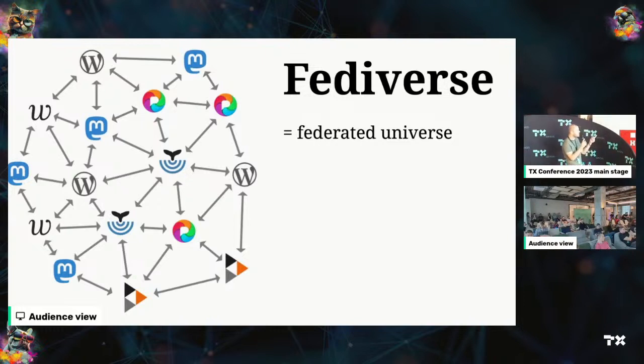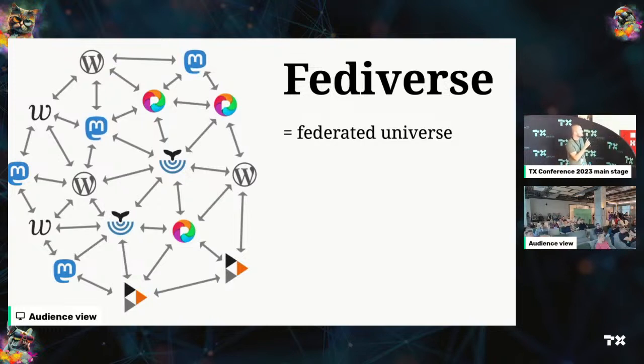This is a bit more realistic illustration of the Fediverse. Here we see a network of various platforms which talk to each other. And instead of the dots, we actually see the logos of some of these platforms. Some of them maybe look familiar to you, most of them probably not. But you probably have noticed there is WordPress.